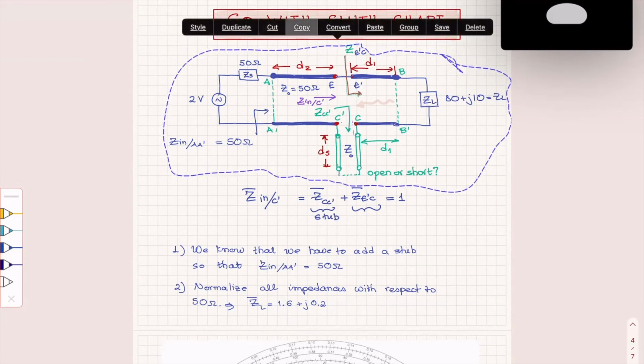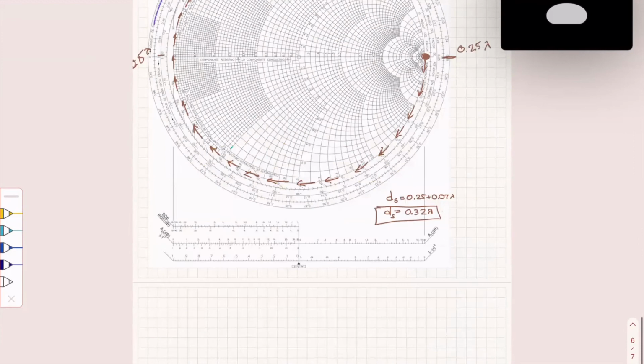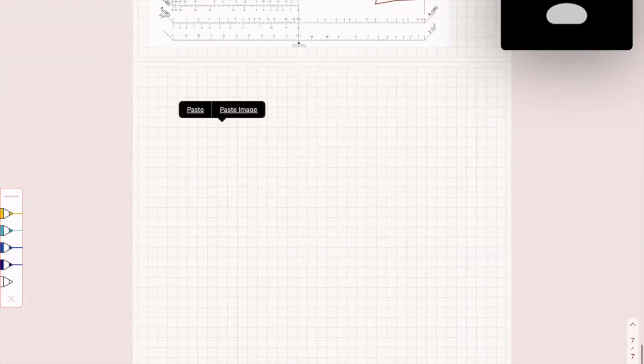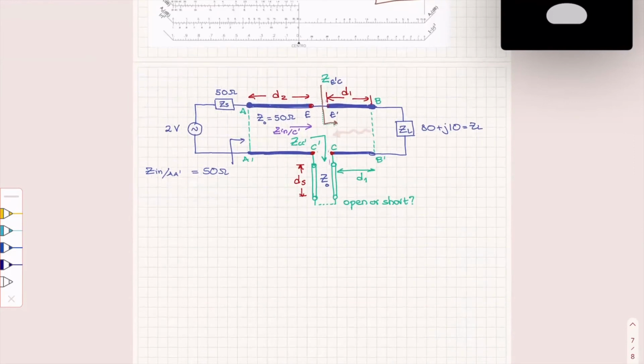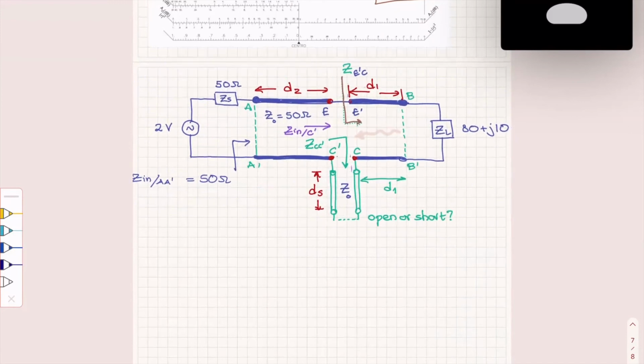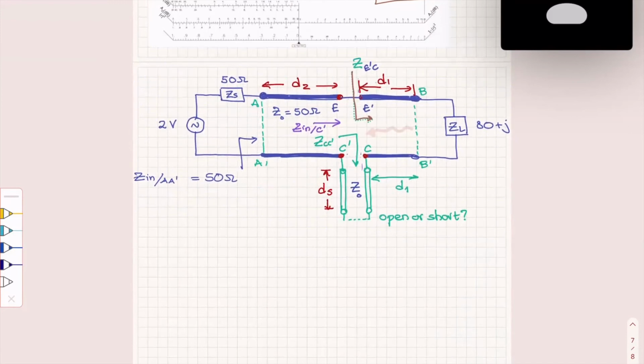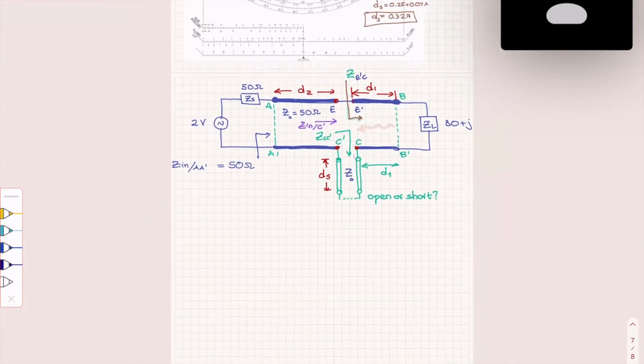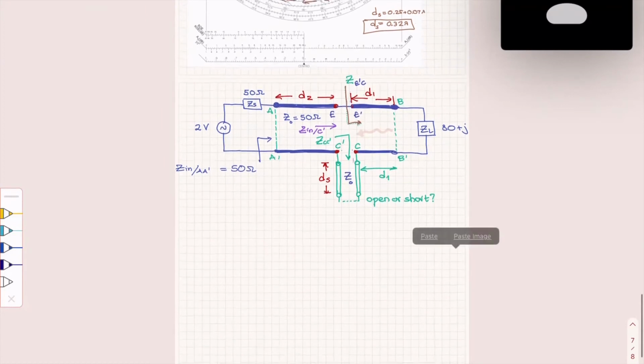copy. And then I will go down here after that, paste. And I will now review what I found. Okay, just a simple review. I found that my load, okay, let me see.